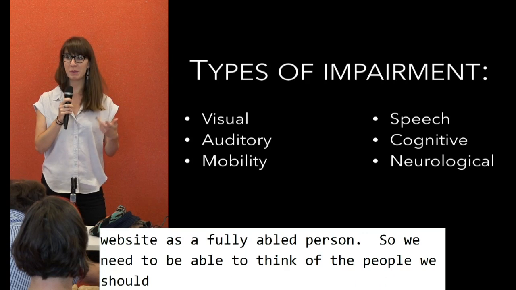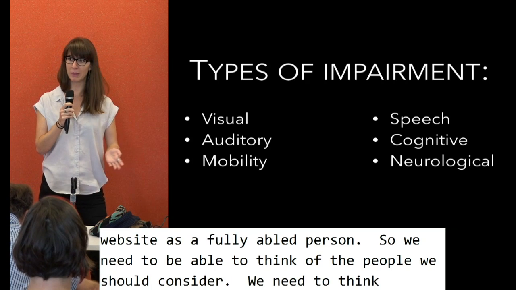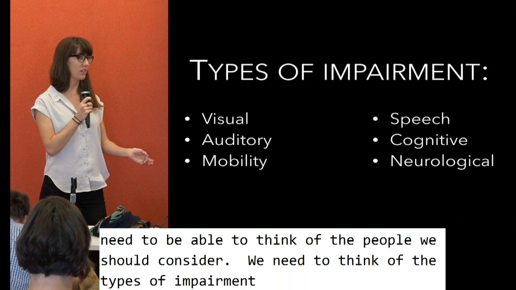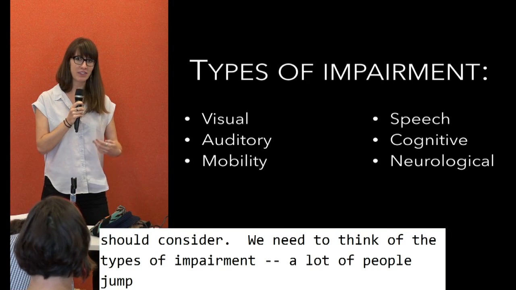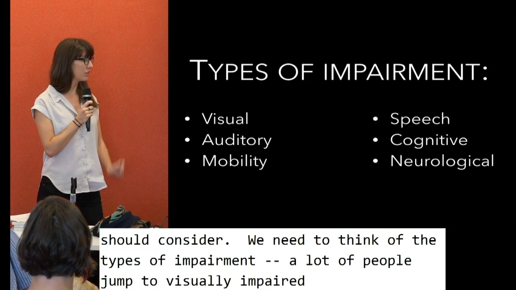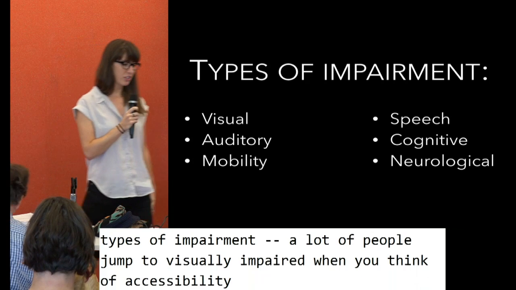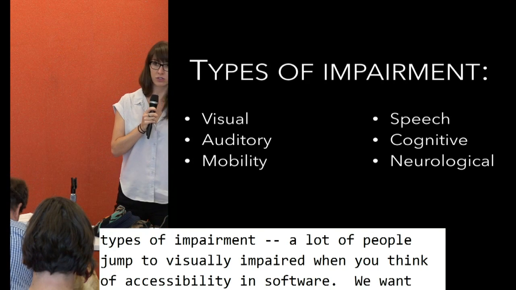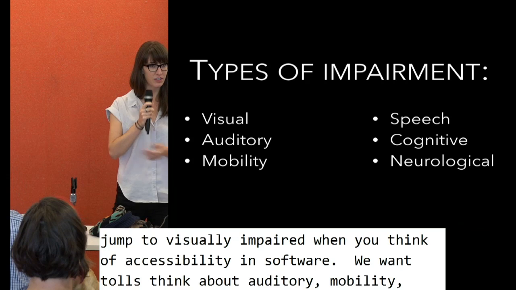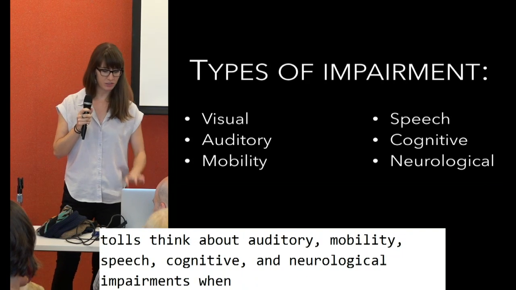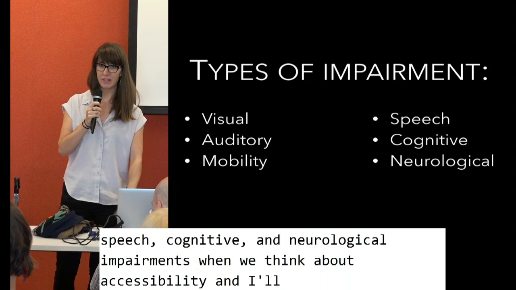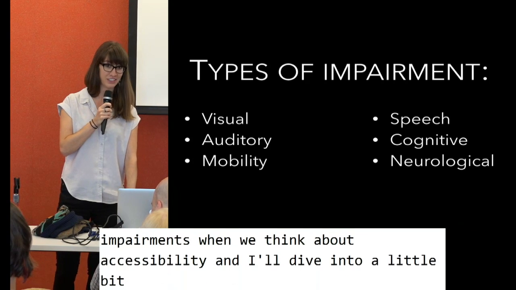A lot of people jump to visually impaired when they think of accessibility in software, so we also want to think beyond that. We want to think of auditory, mobility, speech, cognitive, and neurological impairments. I'll dive into a little bit of all of those today, maybe not fully cover everything, because there's a lot to cover.